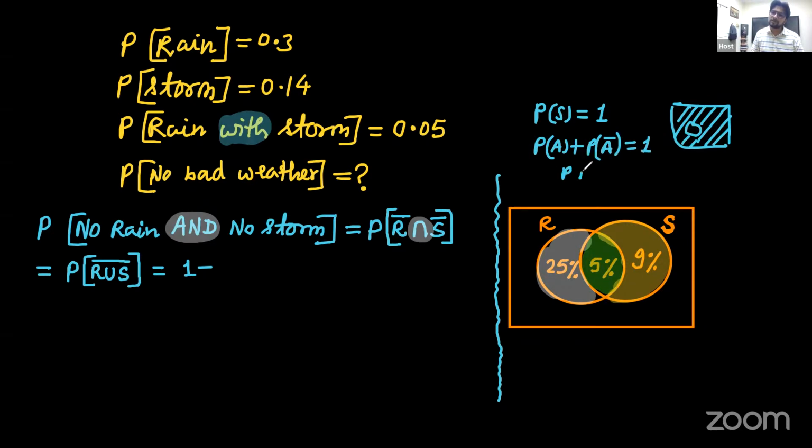So the complement can always be written as 1 minus that. The probability of the complement of something can always be written as 1 minus the probability of something.